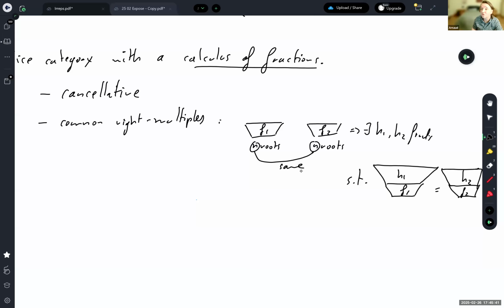So we say they have a common right multiple, because if you take two forests that start with the same number of roots, you can always grow them such that they become equal. And this gives you a calculus of fractions.